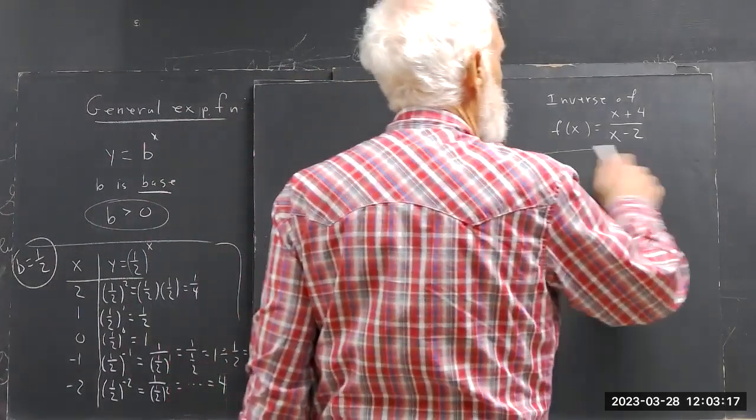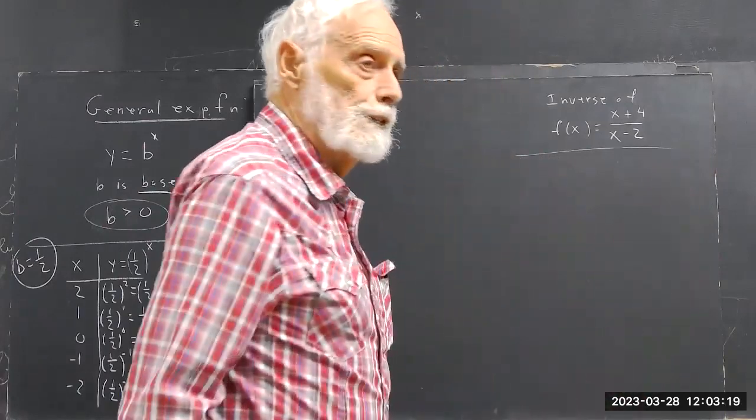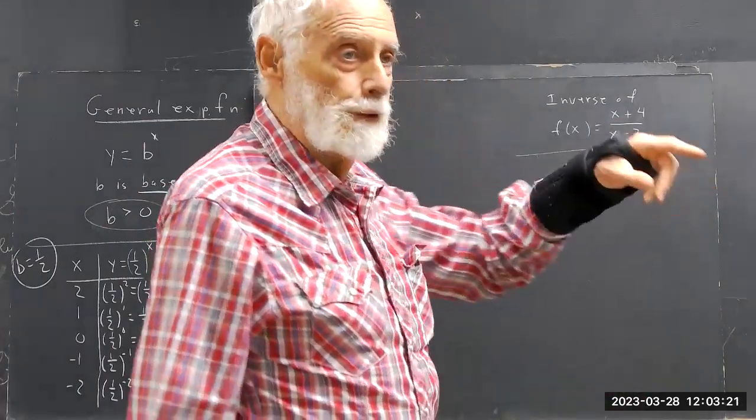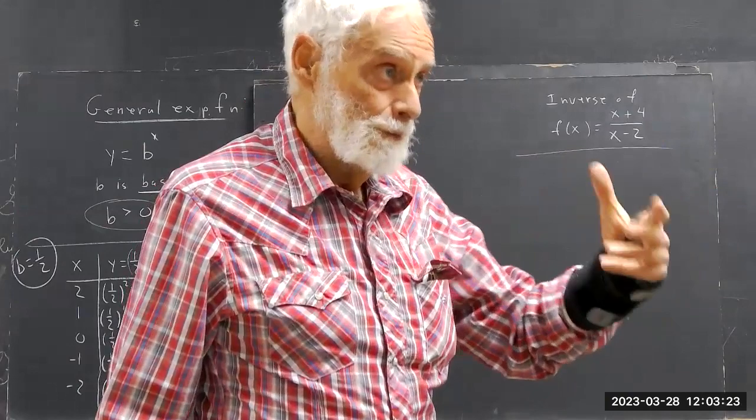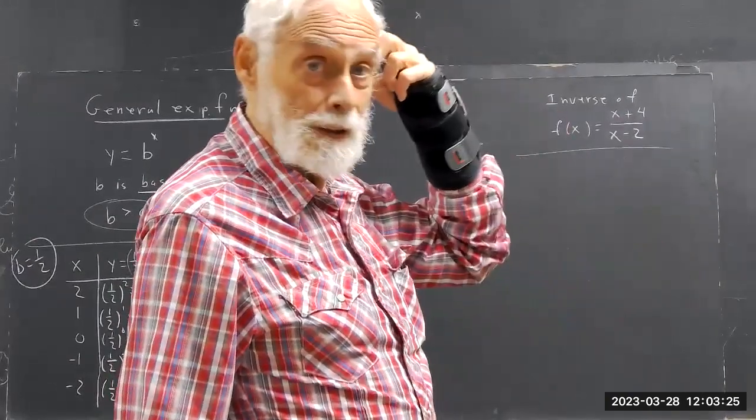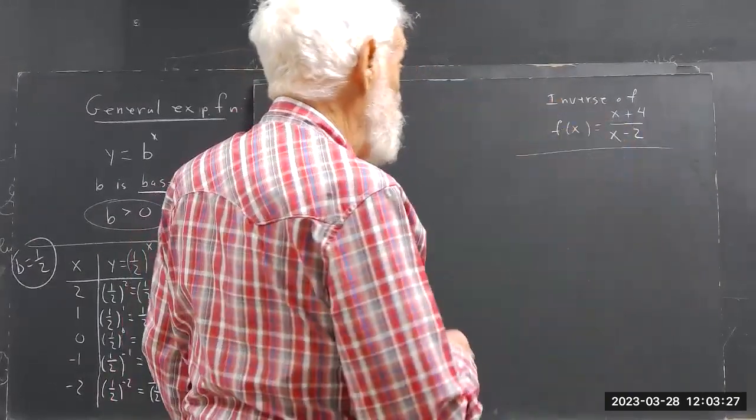In the first place, we can graph this, and this is not a simple transformation of a basic function. Okay, so you have to graph this as a rational function.